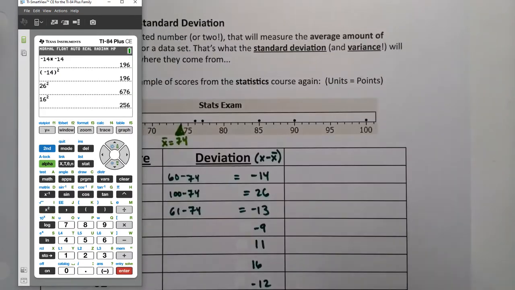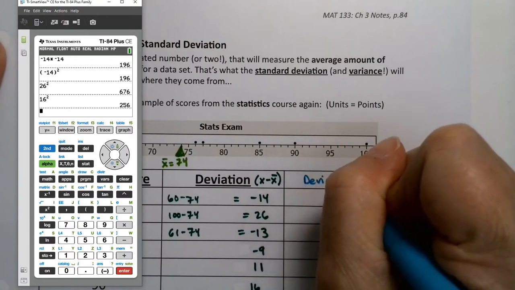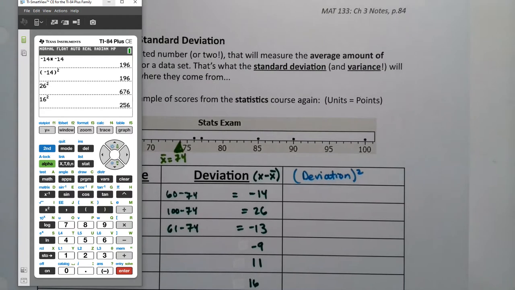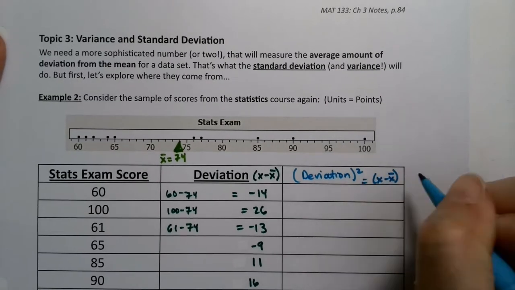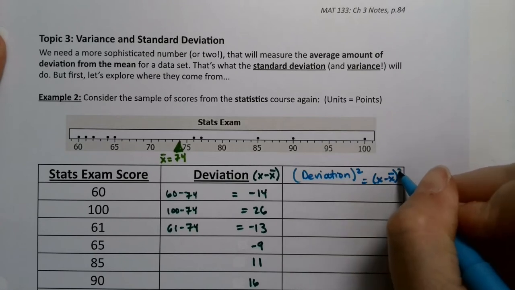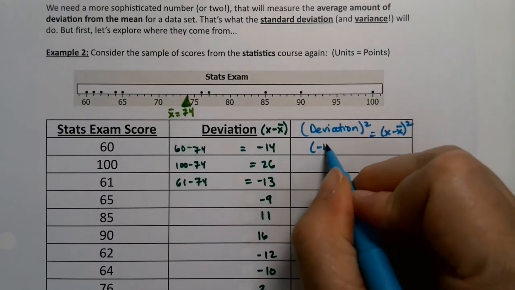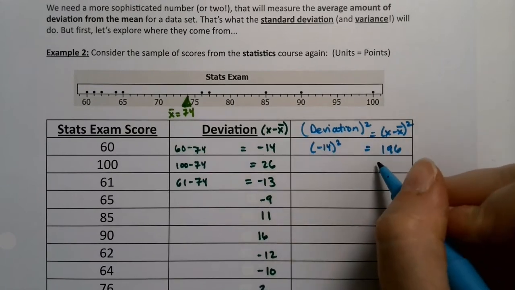Okay, so what we're going to do is take the deviation that we have and square it. So we're going to take x minus x bar, right? That's the deviation. How far are you from the mean? And we square it. So that turns this number into negative 14 squared, which is 196, right?